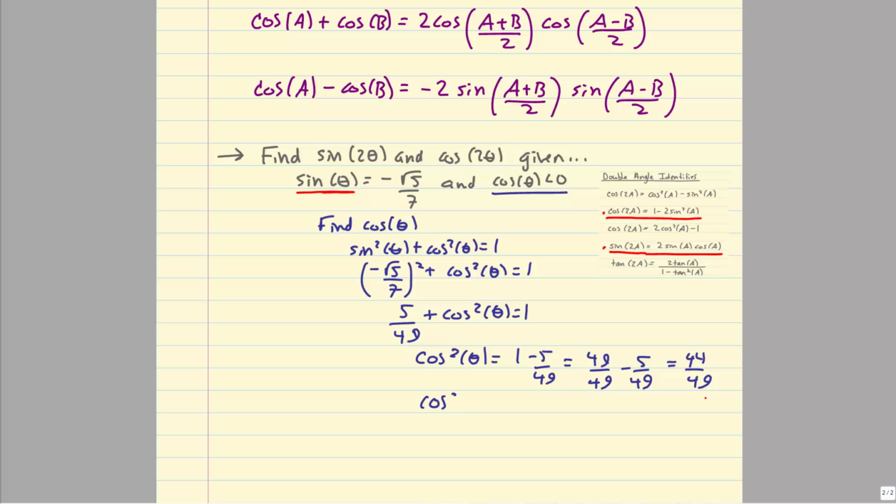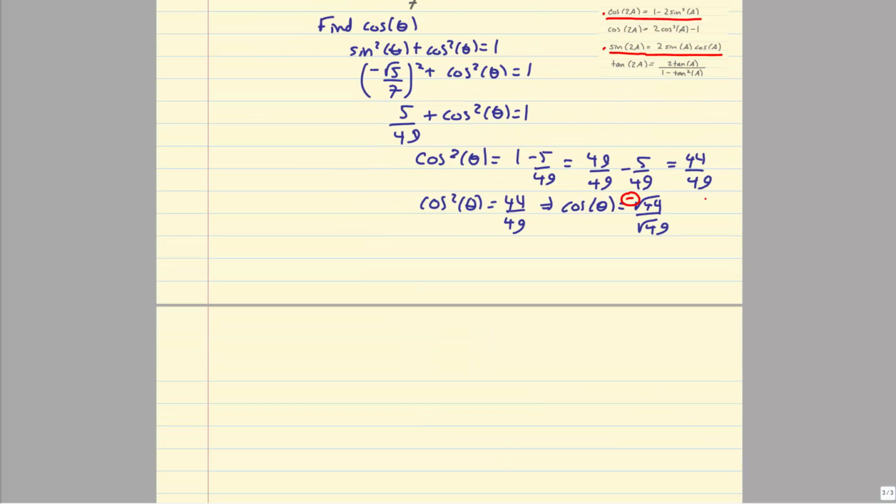So I have cosine squared of theta equals 44 over 49. Take the square root and I'd get cosine of theta equals square root of 44 over the square root of 49, and this is going to have to be negative, because again up here I'm given that the cosine is negative.